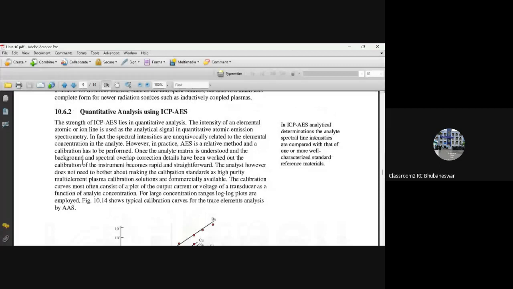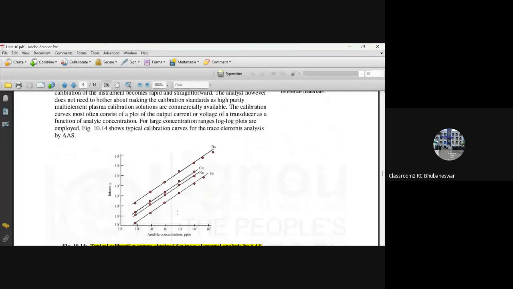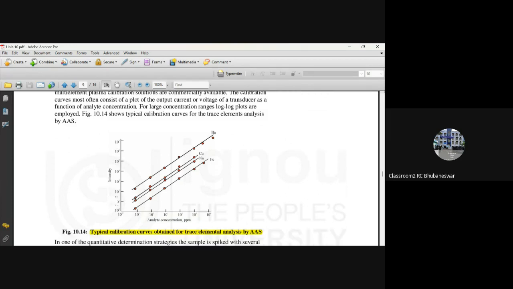So coming to the quantitative analysis part, here you can see the graph: this is analyte concentration and here is your intensity, whatever you are going to get from the AES peak.